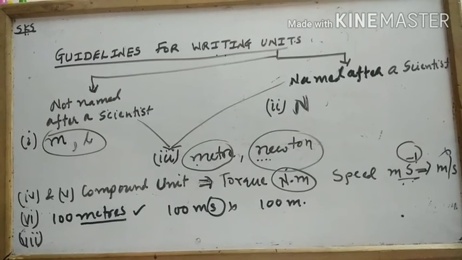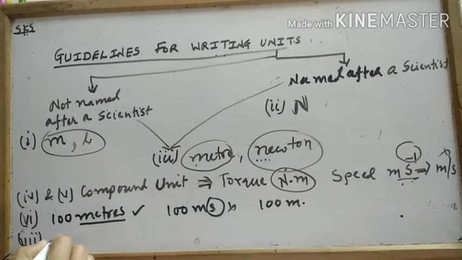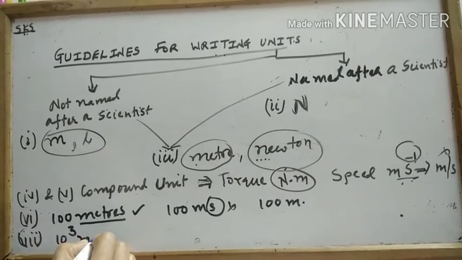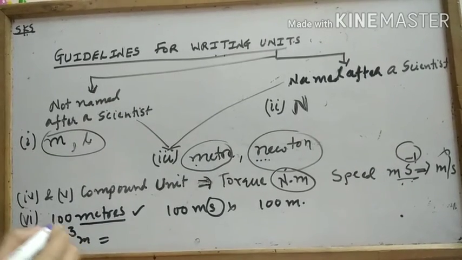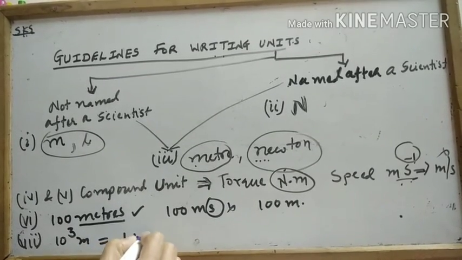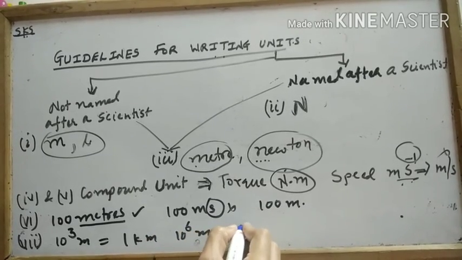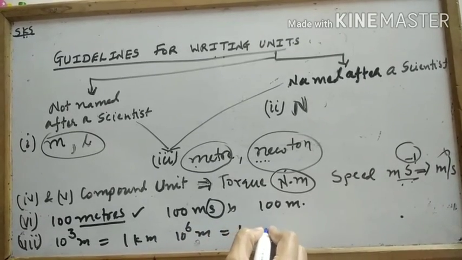Next rule, 7th rule, is about writing the bigger unit. Say for example, I am having 10 raised to 3 meters. Instead of writing 10 raised to 3 meters, I can avoid using this power. Directly I can write down 1 kilometer. Or if I am having 10 raised to 6 meters, I can write down 1 megameter.